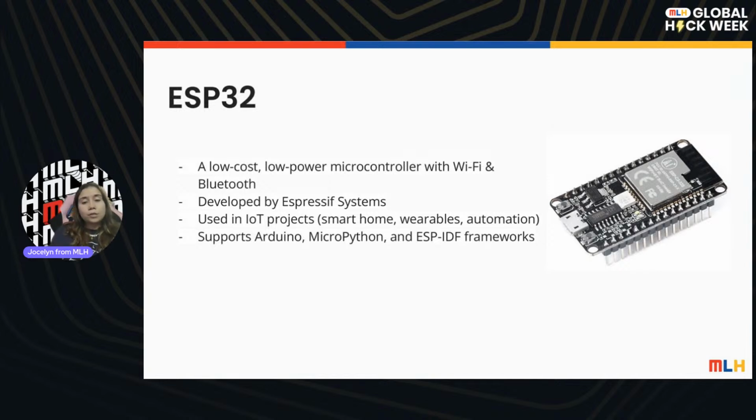It supports multiple frameworks. The most common one is Arduino because most developers are familiar with Arduino, but you can also code with it using MicroPython, which is a variation of Python. It's very similar, but it's called MicroPython because it's for microcontrollers.